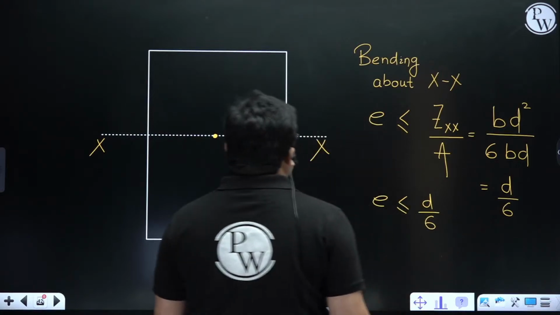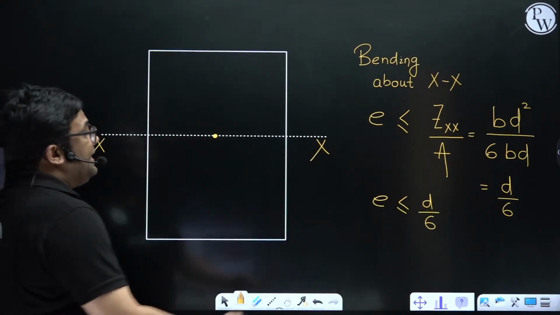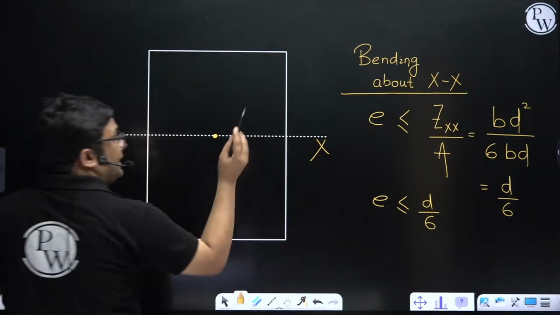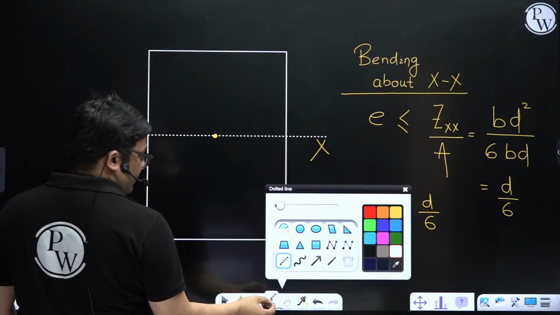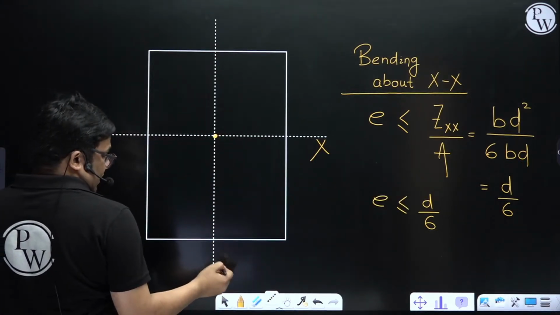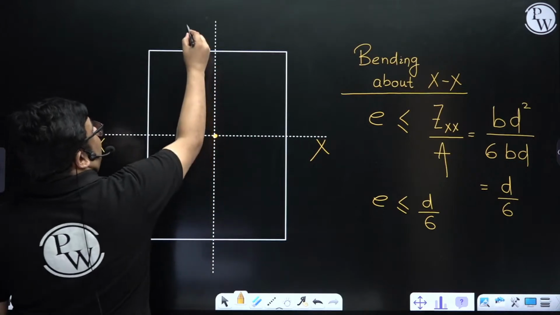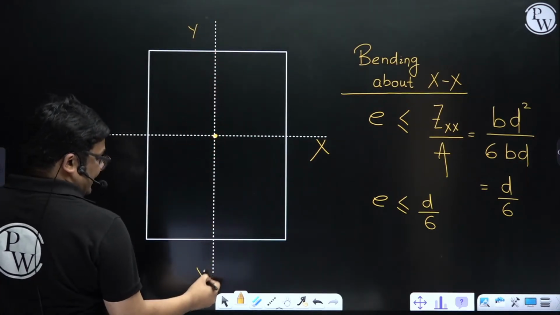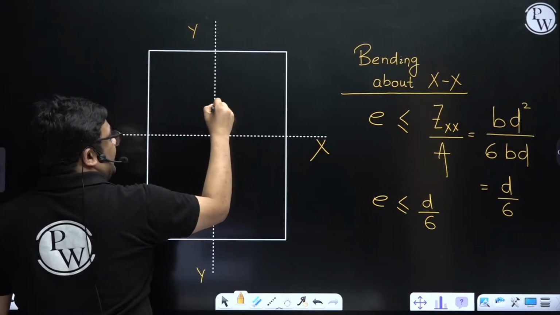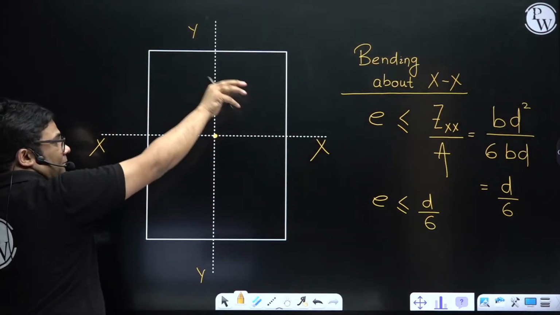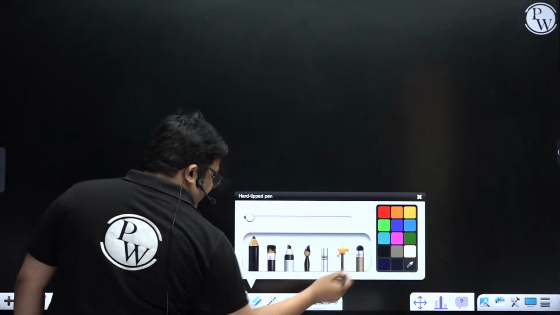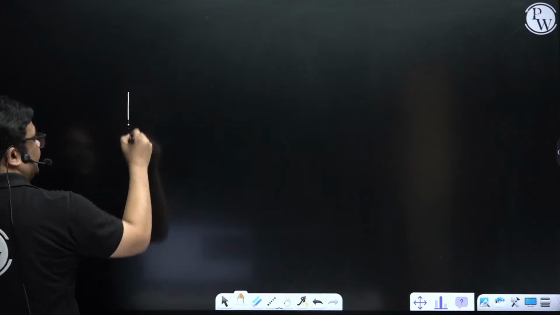Now when I am telling that bending is happening about XX, that means the load will be on the y-axis, no? Or the eccentricity will be about the y-axis. When the load is acting here, then there will be bending about the x-axis, no? Let me draw in 3D.